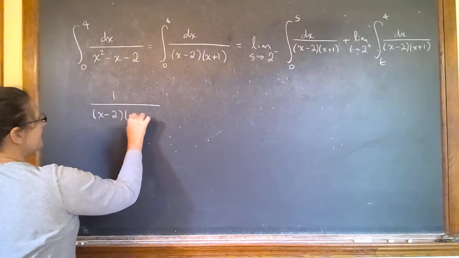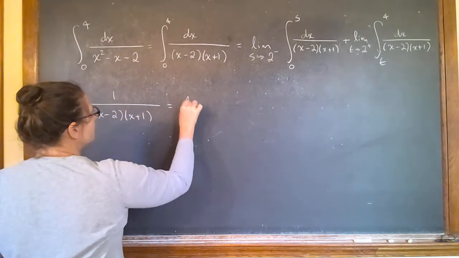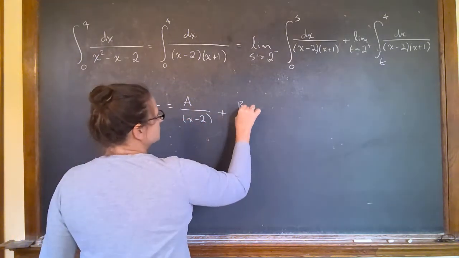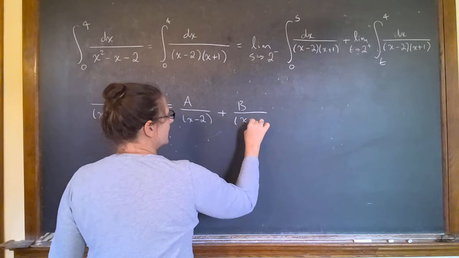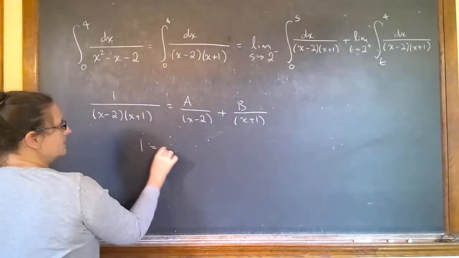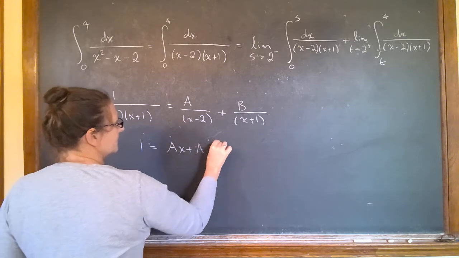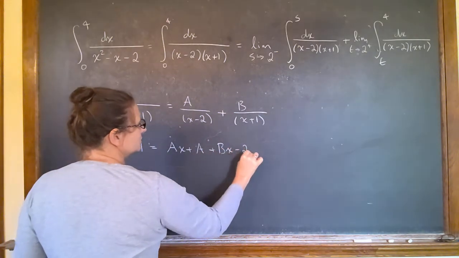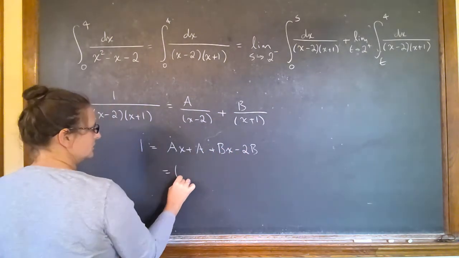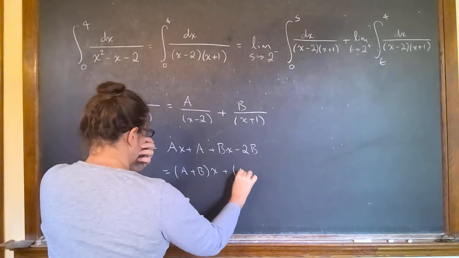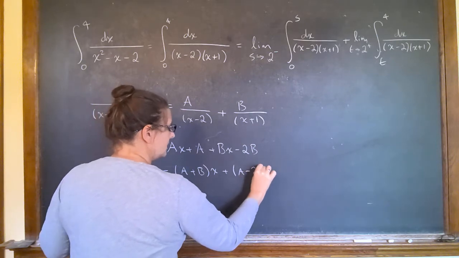And it's not that bad, right? This is one of the straightforward partial fractions that shouldn't cause me too much heartache. So I've got a x plus a plus bx minus 2b. So that turns out to be a plus b, x plus a minus 2b.